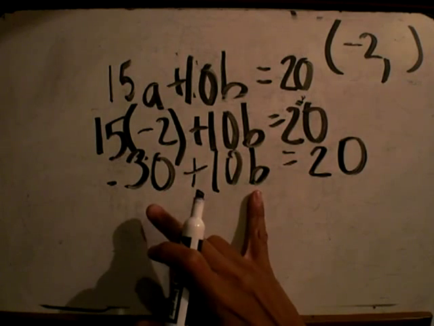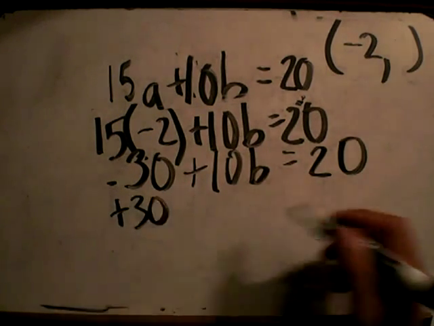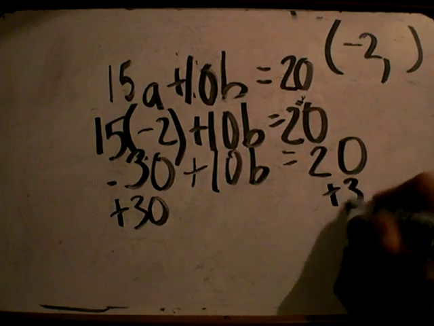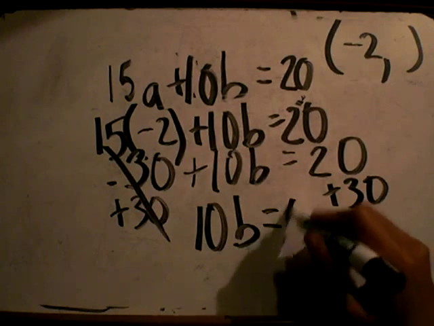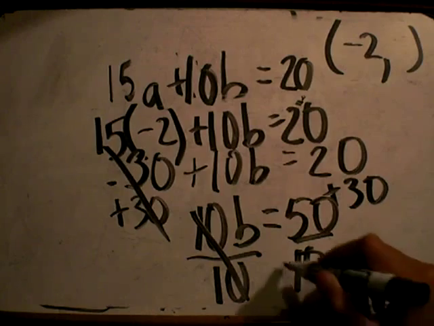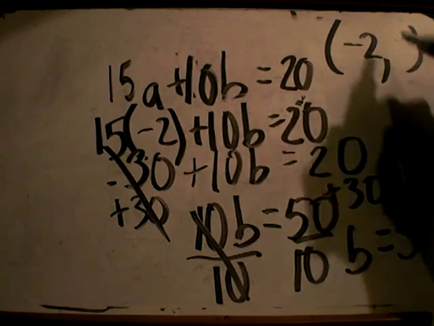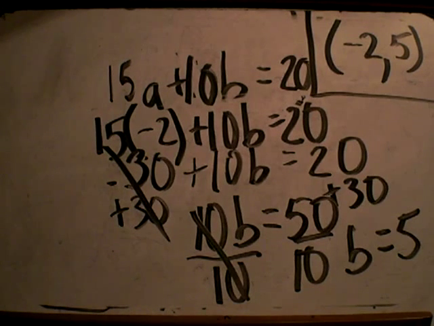We want to isolate b, so we add 30 on both sides. Now I'm left with 10b equals 50. Divide both sides by 10, and b equals 5. So our solution in this case is negative 2, 5.